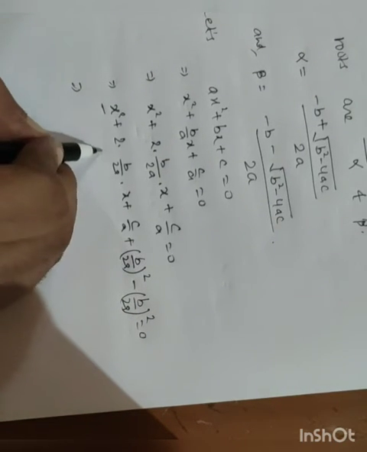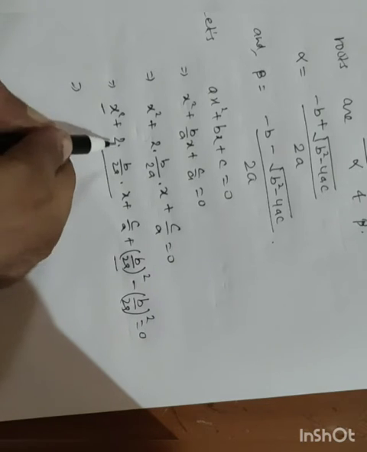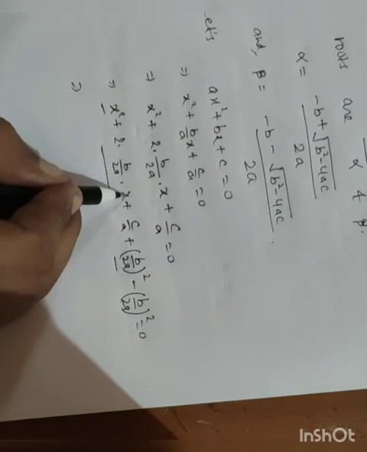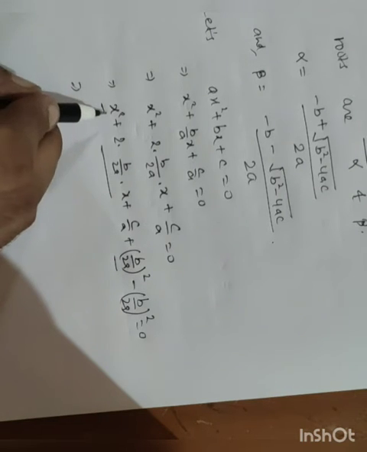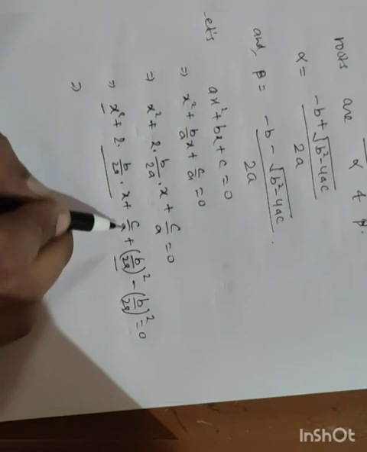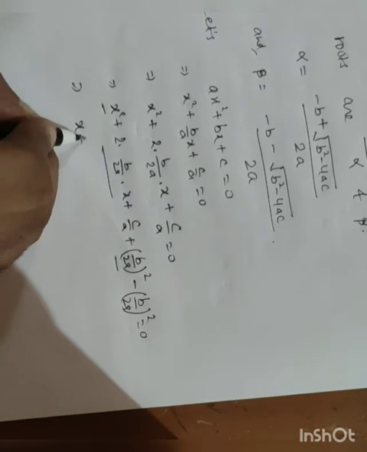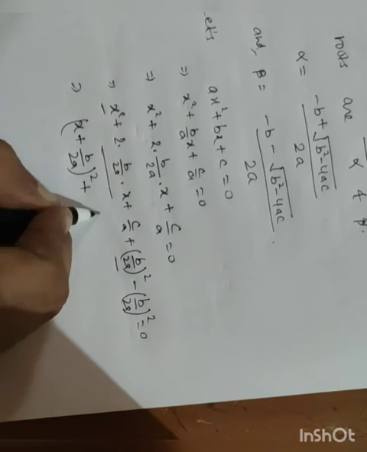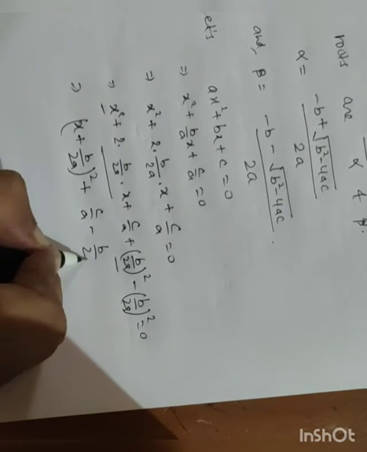Now these two terms will comprise x² + 2·(b/2a)·x + (b/2a)², which is of the form a² + 2ax + x². So we can write it as (x + b/2a)² + c/a - (b/2a)².